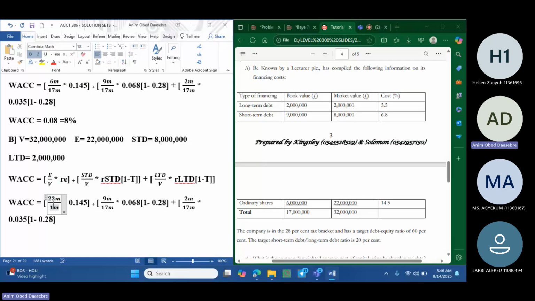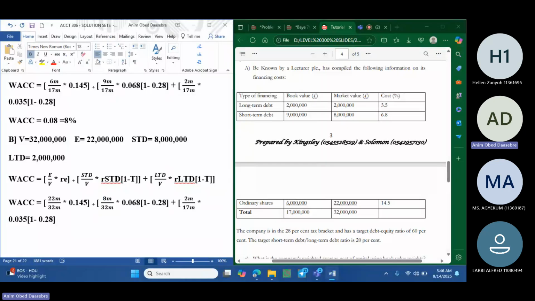The total is 32 million. Then the cost will remain the same. When it comes to the short-term debt, the short-term debt is 8 million. The total is 32 million. The cost remains the same.